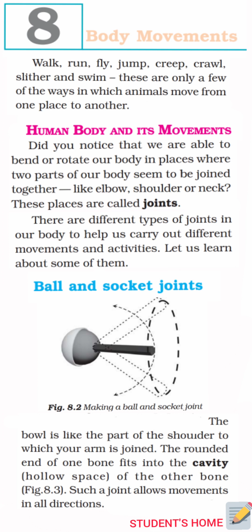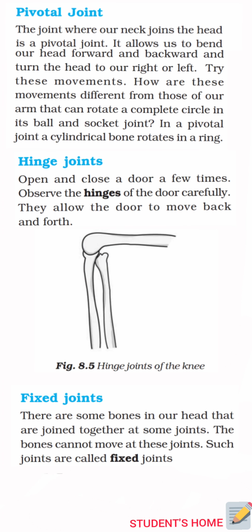These types of joints are known as ball and socket joints, which you can see in your shoulder joint. Our next joint is the pivotal joint. The joint where your neck joins the head is a pivotal joint. It allows us to bend our head forward and backward and turn the head to our right or left.